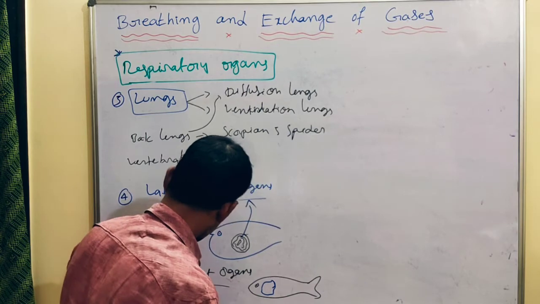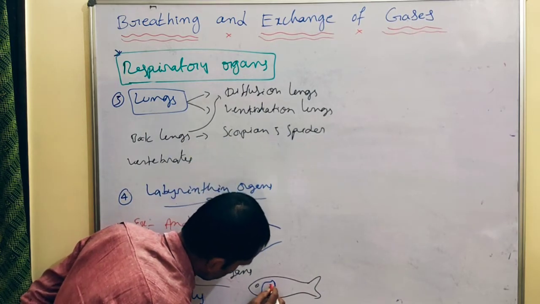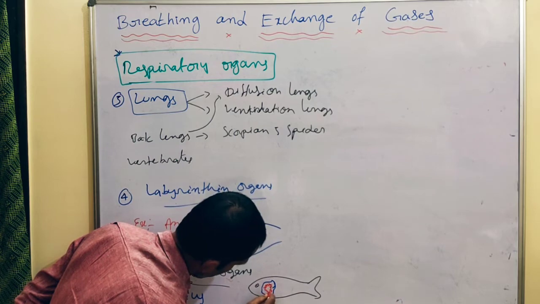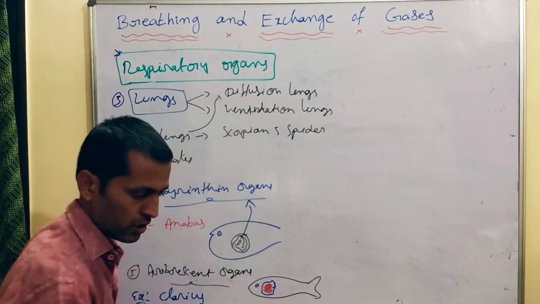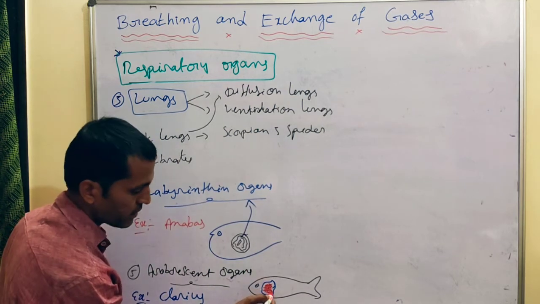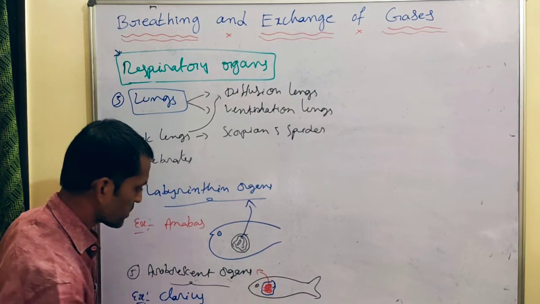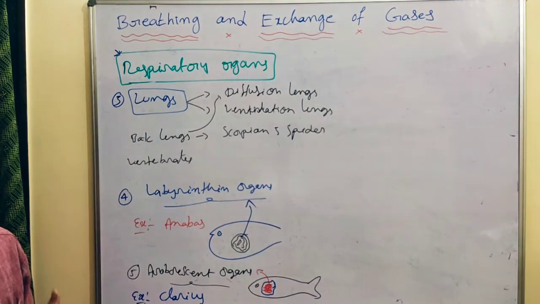What I am going to draw is the arborescent organs. They are highly vascularized, branched, tree-like structures. They are called arborescent organs. This is the fifth type.